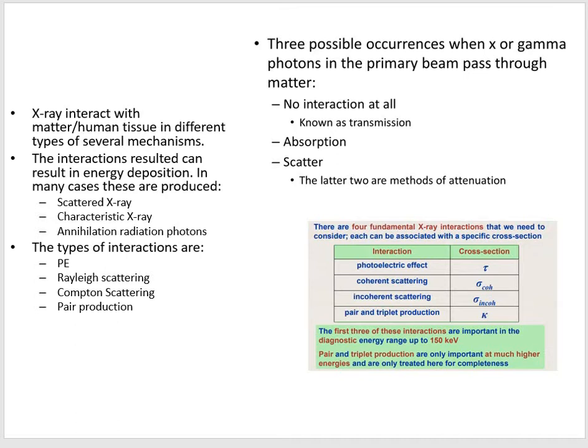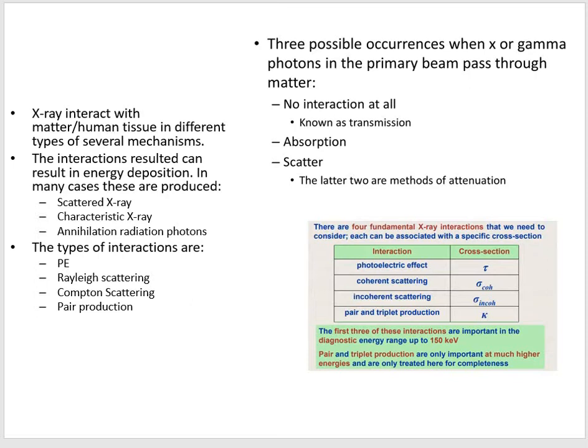And as these photons interact with an atom via these interactions, this will result in scattered X-ray if Compton scattering occurs, characteristic X-ray if photoelectric occurs, and annihilation if pair production occurs.